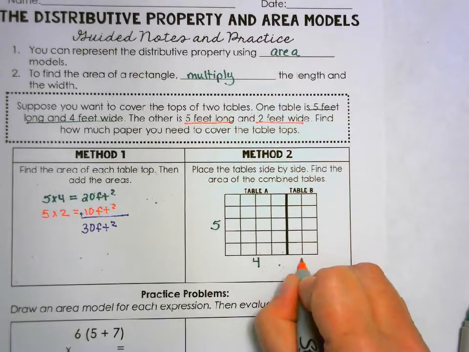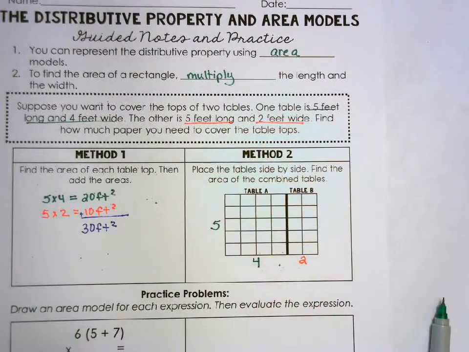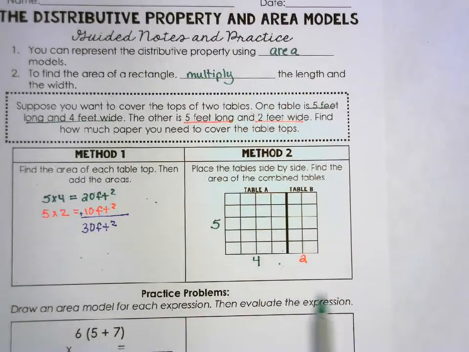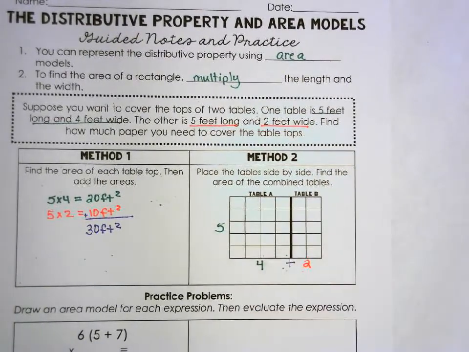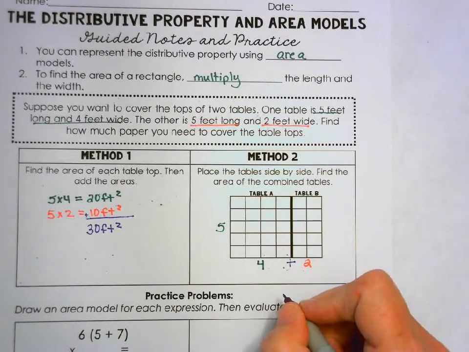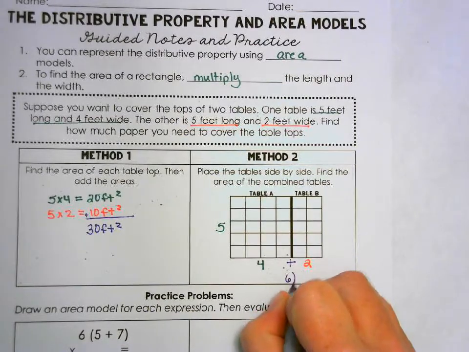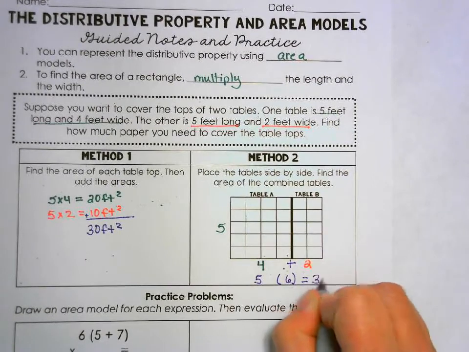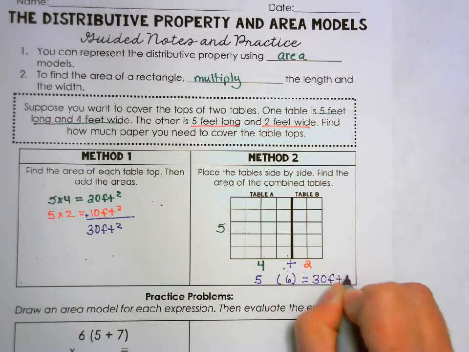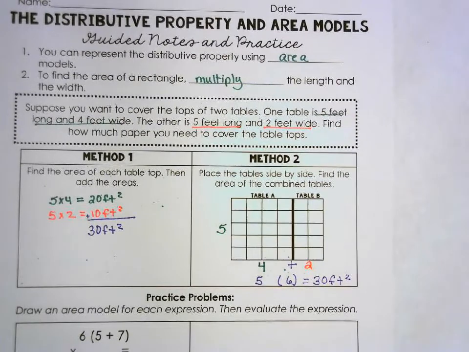This side is 2. It's still 5 times 2. So the distributive property says, well, why don't I just add 4 plus 2 and get 6, multiply it times the 5 for an area of 30 feet squared.